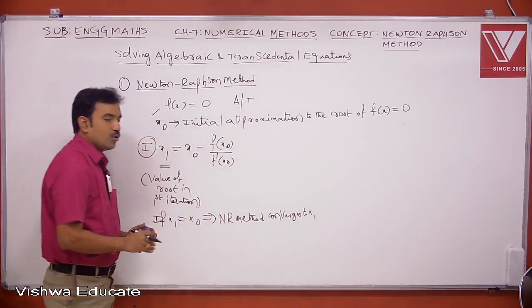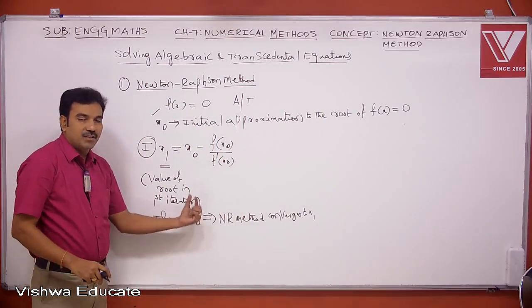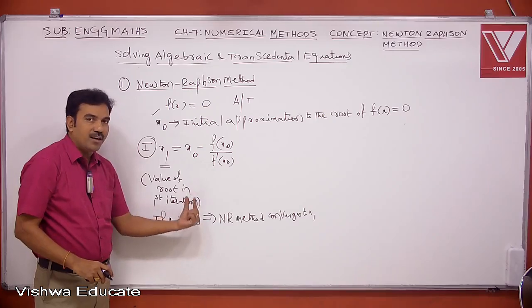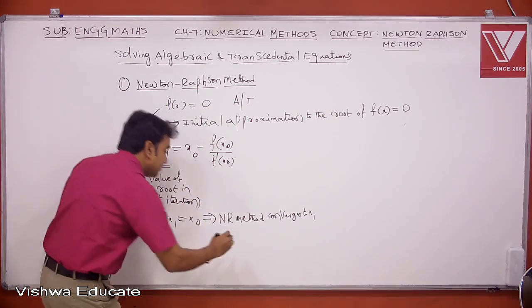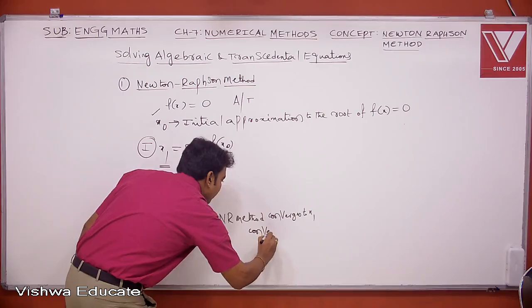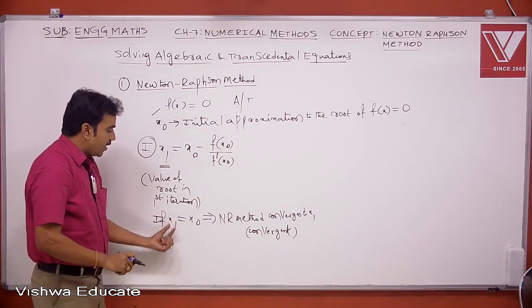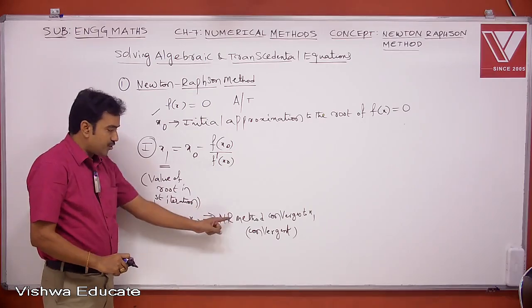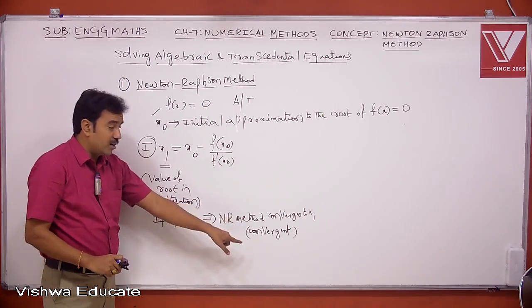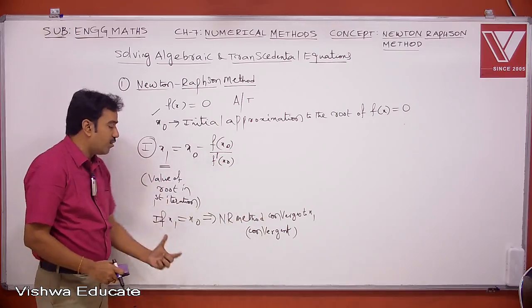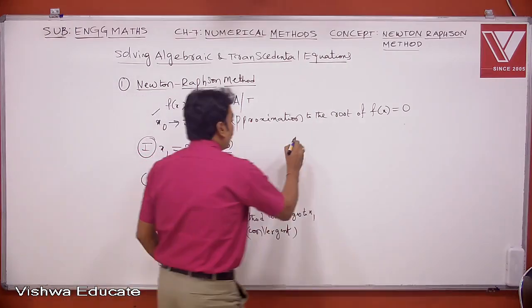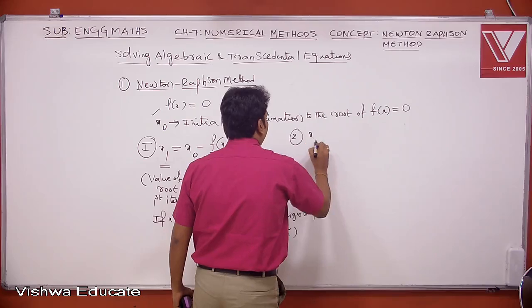So my job is over. Whenever current value matches with previous value, we say that the NR method is convergent and it converges to the repeated value. Otherwise, I go for the value of root in the second iteration, that is x2.